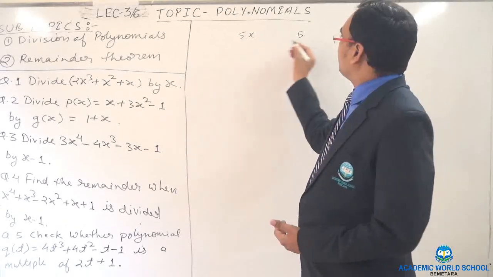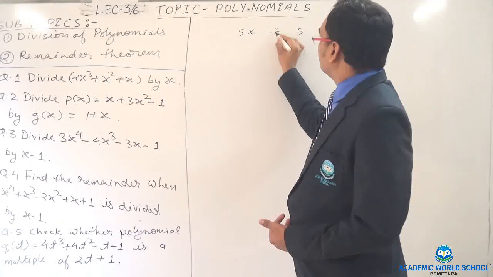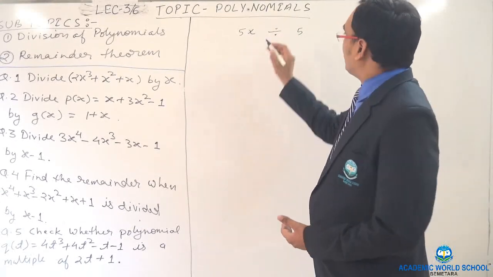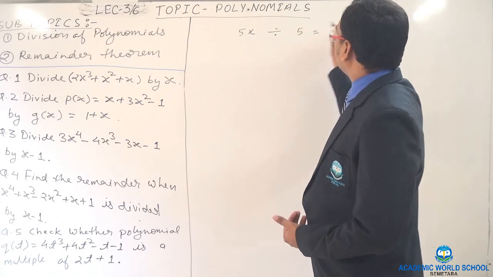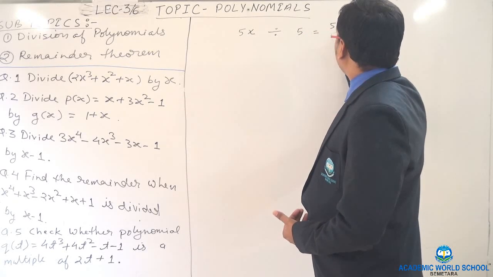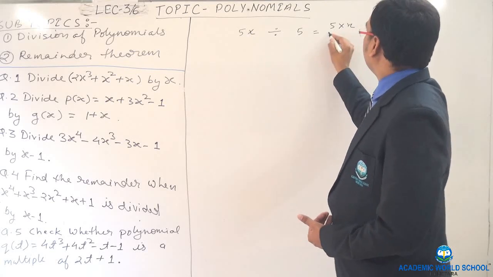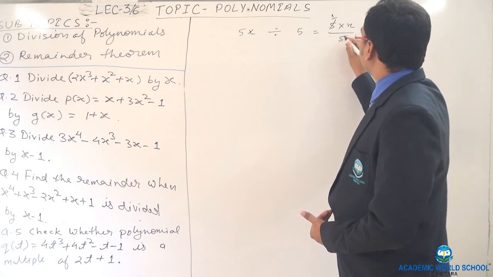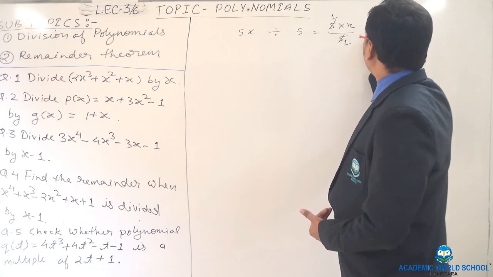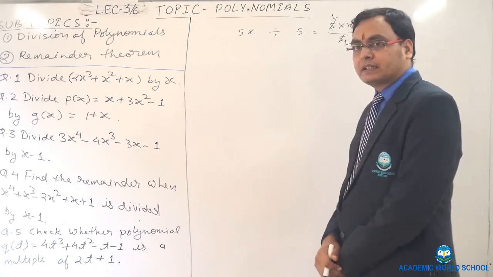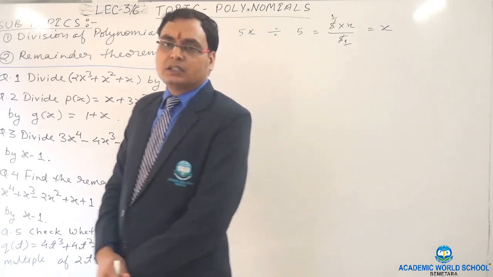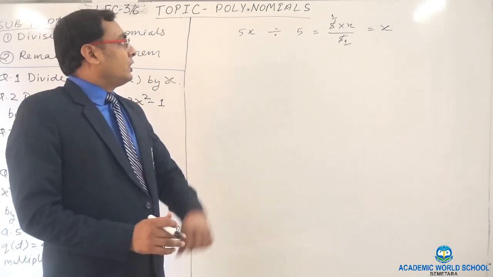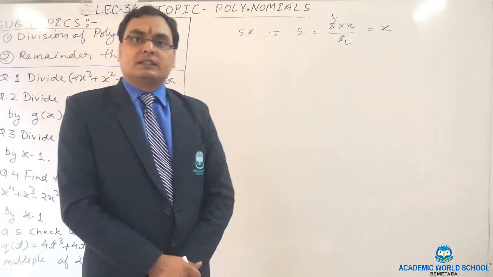If we divide 5x by 5, it means 5 into x, that is 5x, divided by 5. 5 divided by 5 is 1. So 1 into x, the answer will be x. This is a simple division of a monomial by a constant polynomial.